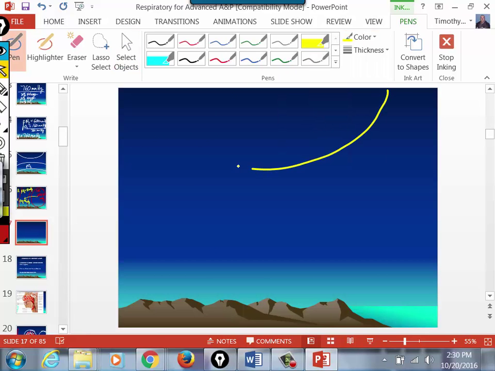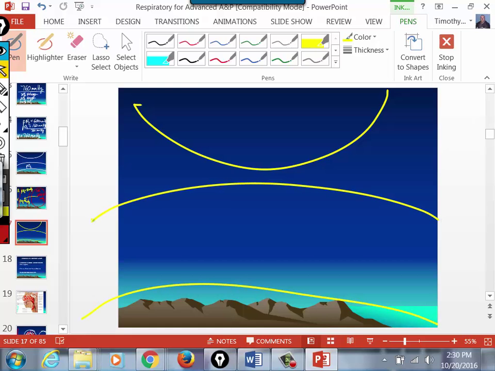Again, you have the alveoli, then you have the associated pulmonary capillary. So let's review. The PCO2 of venous blood is 45 millimeters of mercury. You want the PCO2 by pressure to go into the alveoli. So the partial pressure of carbon dioxide clearly has to be less than 45. And it is. It's 40.